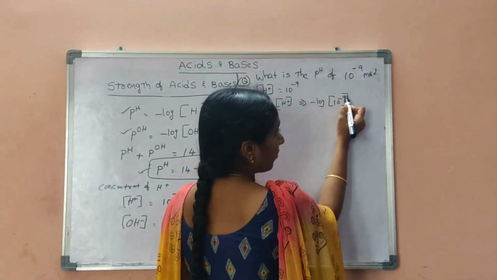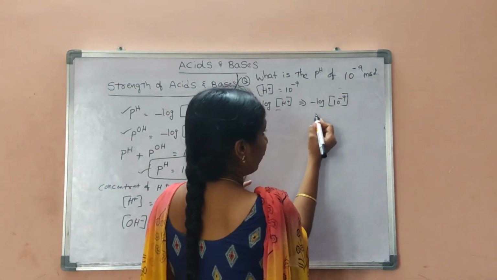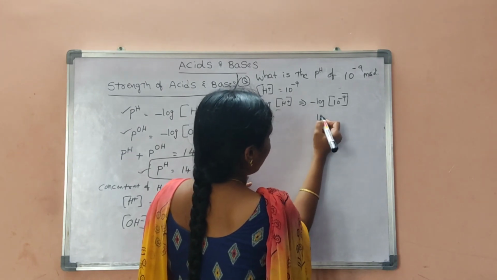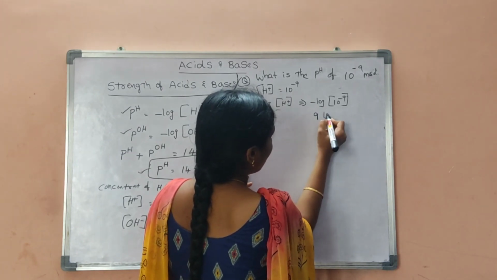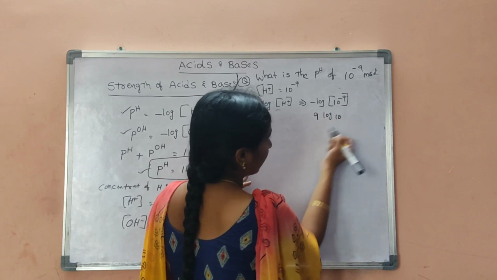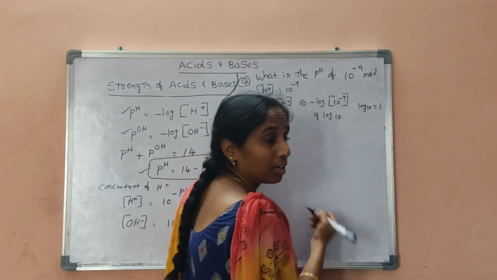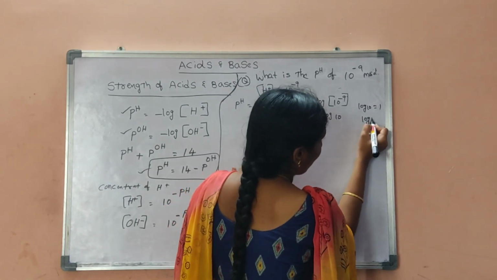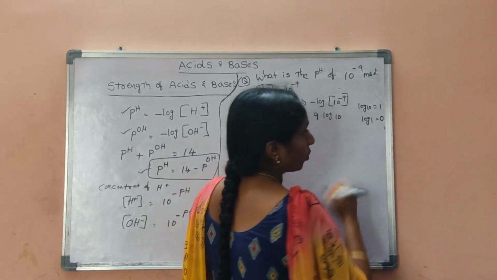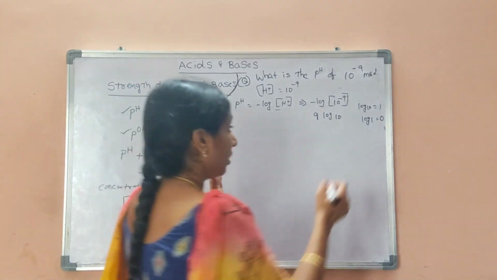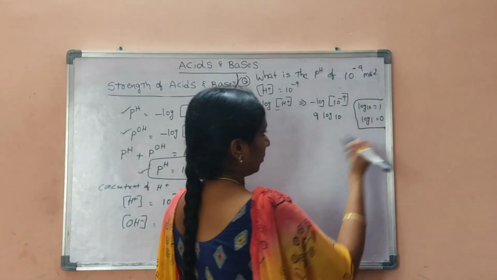Here the power is converted to the coefficient. So, you can write 9 log 10. Log 10 value is 1. Log 1 value is 0. You can remember this one also.